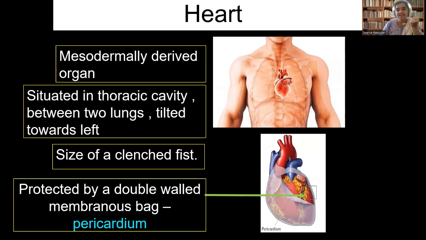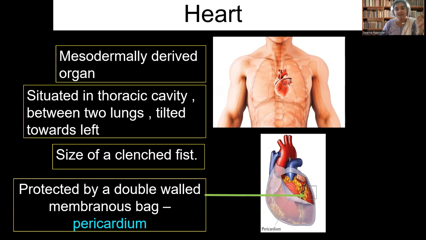The heart is covered by a double-walled membranous bag, which we call pericardium. So the heart is situated in between the lungs, present in the thoracic cavity, in the size of a fist, mesodermal in origin, and covered by a layer called pericardium.